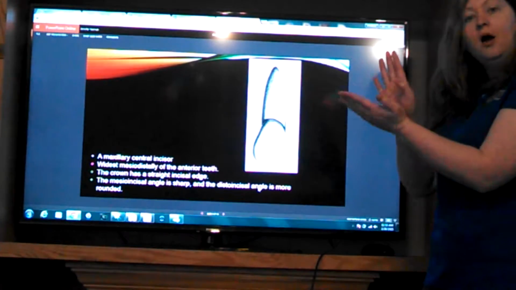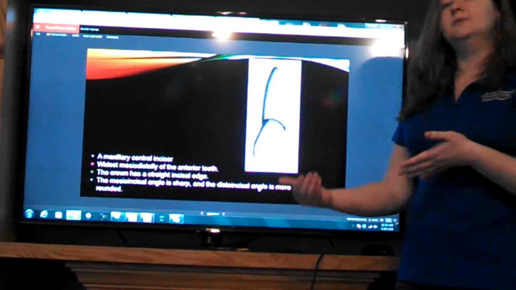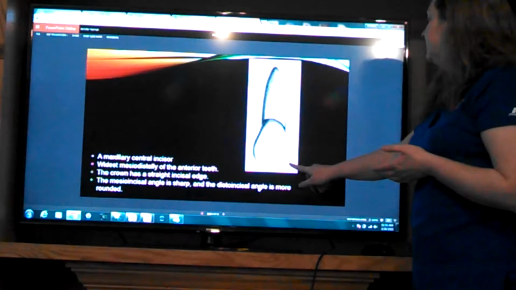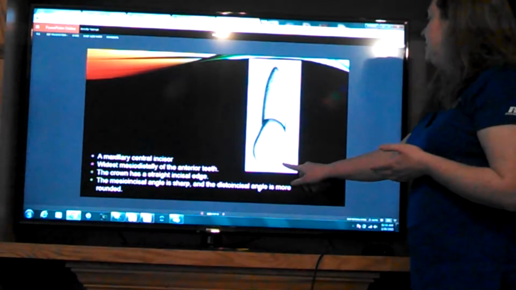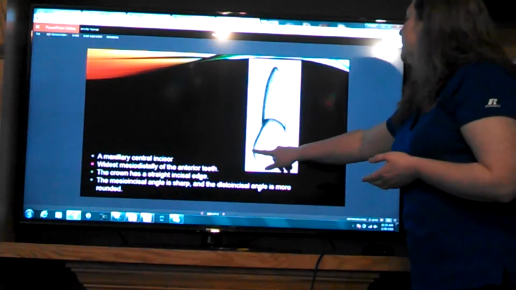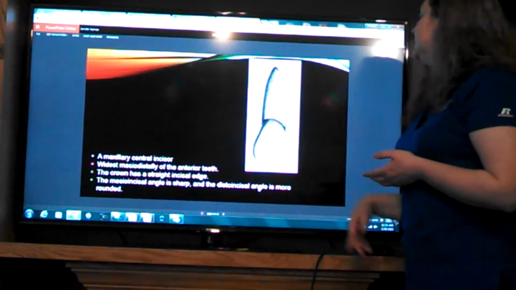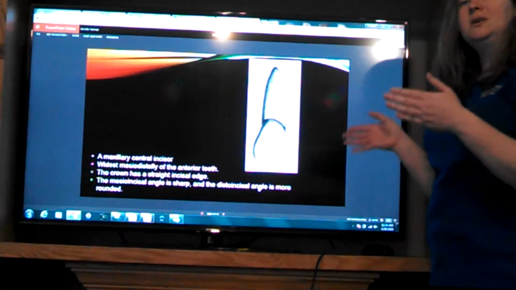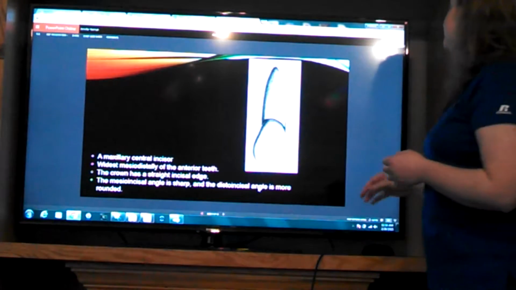It's going to be really square, versus the distal portion, which is going to be nice and rounded. So here we can tell that this is the mesial, because we have this right angle, this square or more pointed shape, and here we have the distal, which is more rounded. These are key points to remember for the distal and mesial on all anterior teeth.